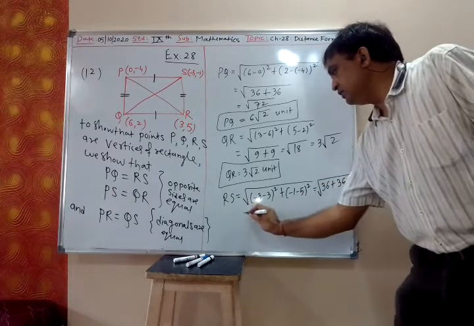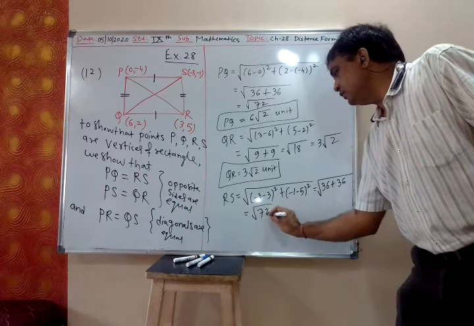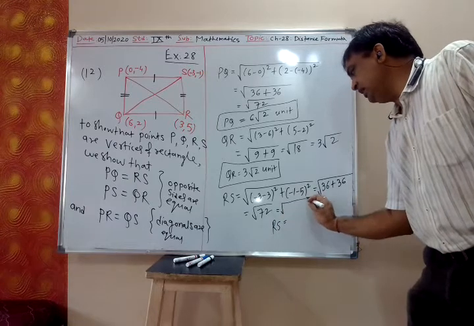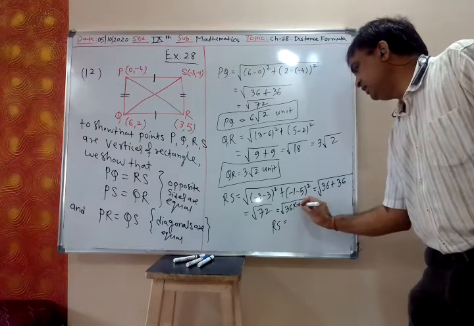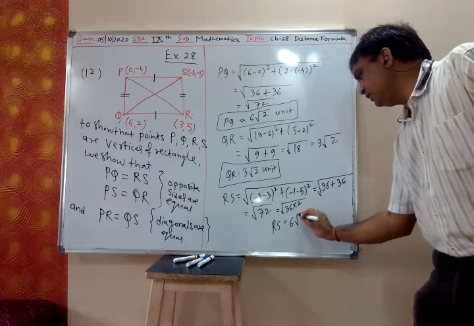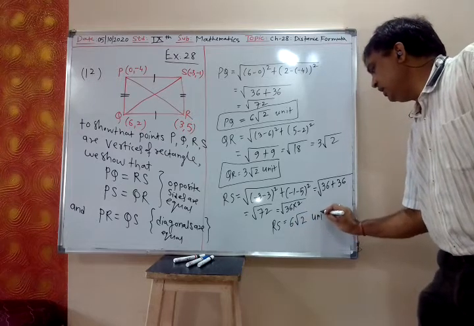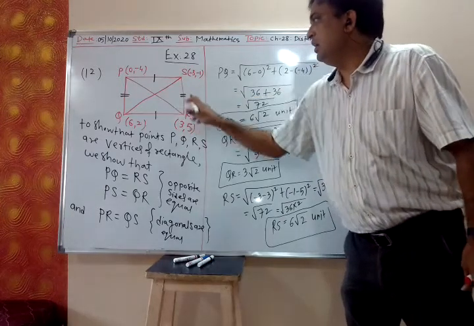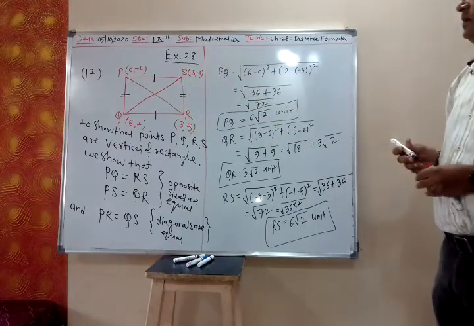So that is root 72. Now 72 you can write as 36 into 2. So RS is 6 root 2 unit. Now we have found PQ, QR, RS. Now we find SP or PS.